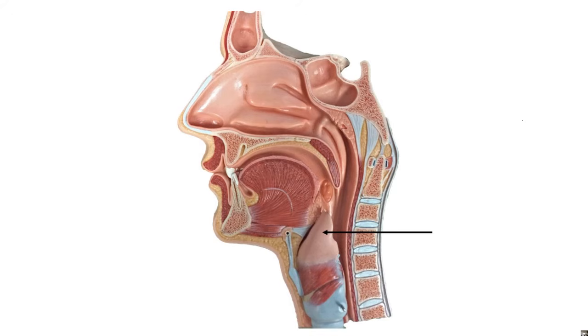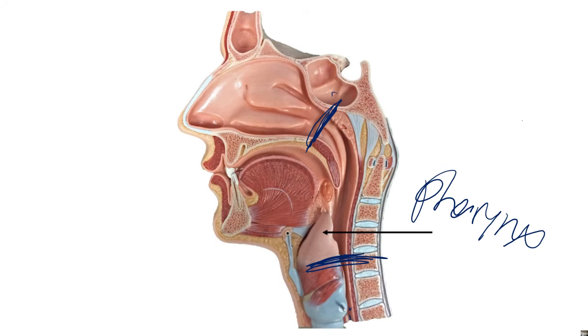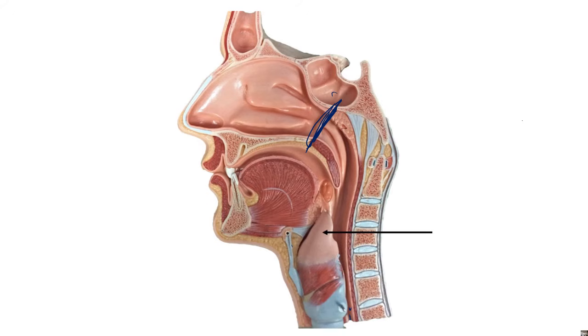Right here, we go from the nasal cavity back into the pharynx, and the pharynx is just a fancy word for the throat. So from here down to the esophagus is the pharynx. Now the pharynx is split up into three sections.